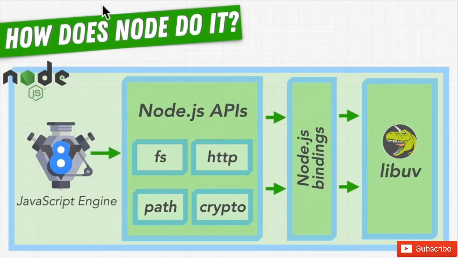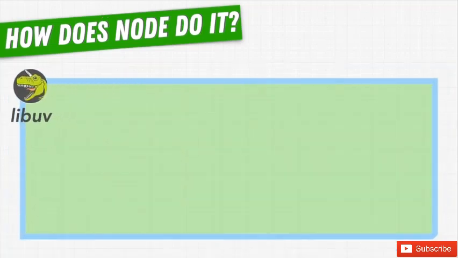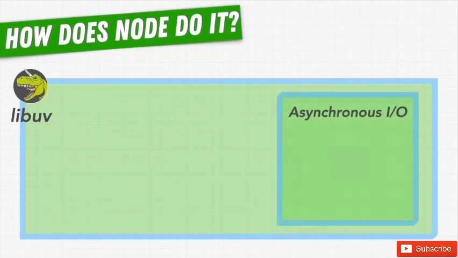For a complete picture, we need to take a better look at our favorite library, libuv. We've seen that libuv handles our input-output functionality. Specifically, libuv handles the two main types of I/O.